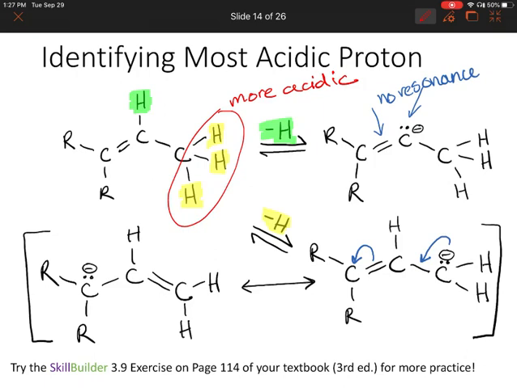And it will remove a yellow hydrogen because it is more acidic or more easily lost. And the reason that the yellow hydrogen is easier to lose is because the conjugate base in that situation is more stable. And remember, molecules are always trying to become as stable as they can be. So again, that yellow hydrogen is easier to lose.